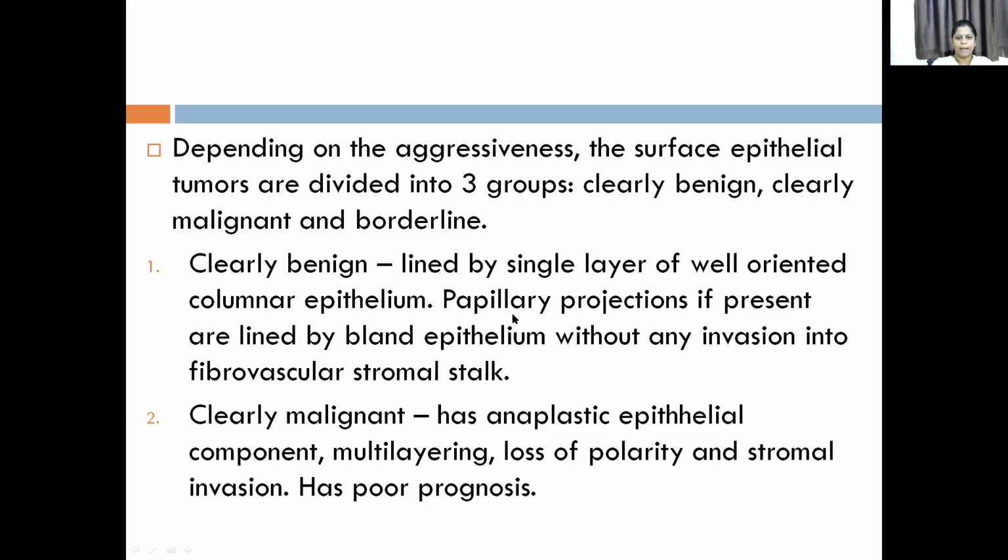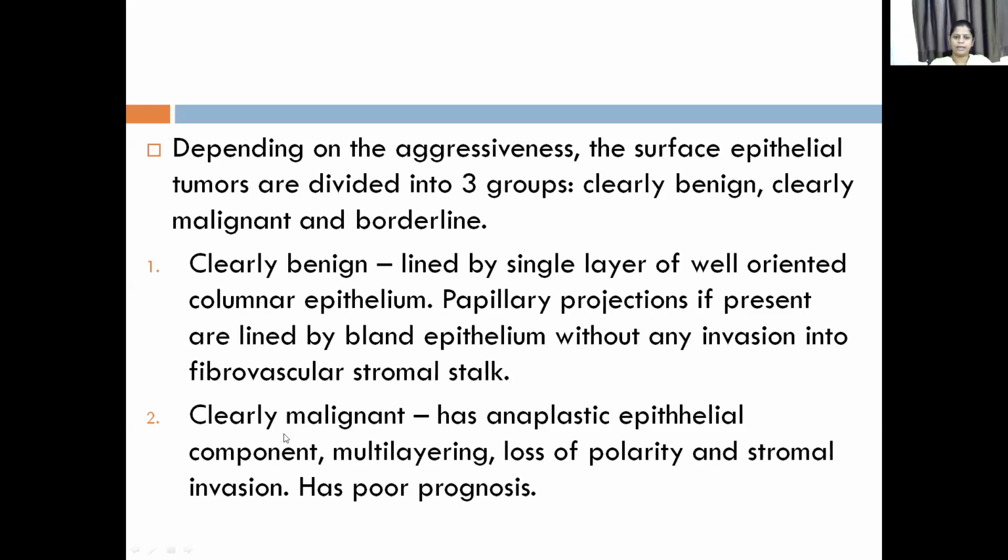Papillary projections, if present, are lined by bland epithelium without any invasion into the fibrovascular stroma. Papillary projections means the finger-like protrusions. They are rare and benign, and if present, they are lined by bland epithelium without any invasion.